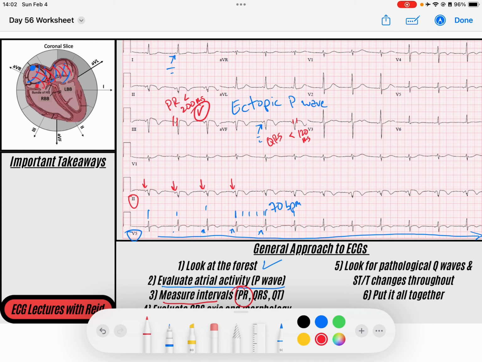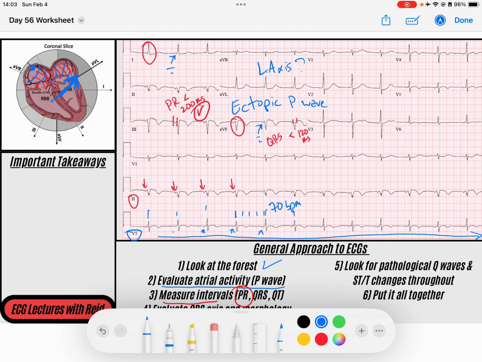My axis of my QRS is upright in lead 1, but it's also down in AVF, so that means it's going up and to the left. So I've got somewhat of a left axis deviation here. Left axis deviation, right? It's going up and to the left if you look at our heart. So maybe some left axis.